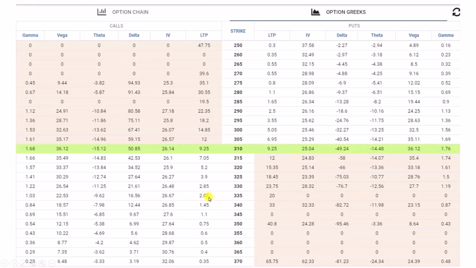Now, if you notice, the delta value is least here, deep out of the money. This is out of the money for a call option. So if you think you will earn some profit by buying an out of the money option, you will be wrong. If you think it is available at a very cheap price, 0.35 rupees here, you have to consider this also.